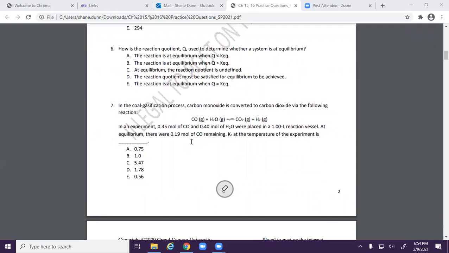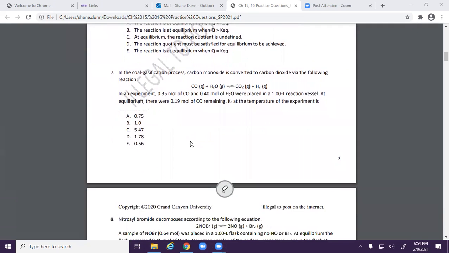Okay. In the coal gasification process, carbon monoxide is converted to carbon dioxide via the following reaction. Okay, so Kc. What's the C stand for? Concentration. What's another way of saying concentration?